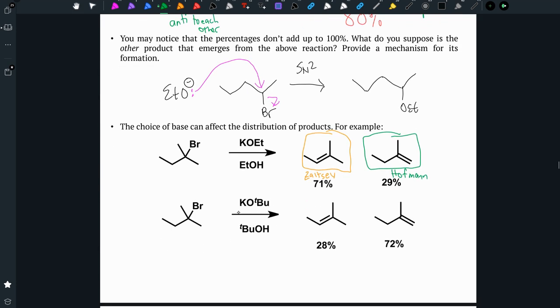If, on the other hand, I use potassium tert-butoxide, so the difference between these is ethoxide is CH3, CH2, O minus. Tert-butoxide is a bigger, bulkier base.